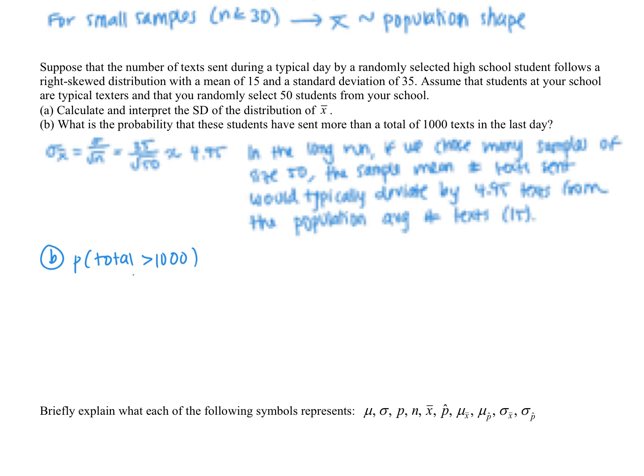So another way to think about this is if we have 50 students and a total of 1,000, that would be an average of 1,000 over 50, which is about 20 texts. So instead of thinking of this as the total being greater than 1,000, that is the same as the probability of a sample mean being greater than 20 texts.